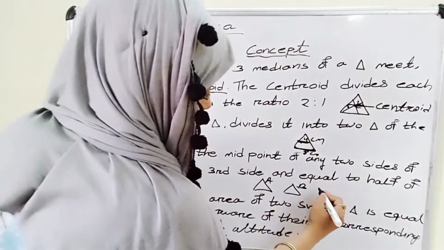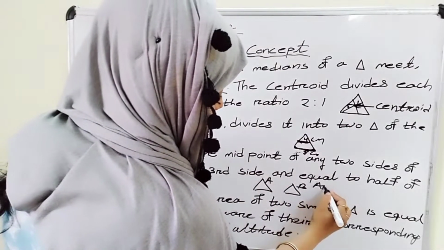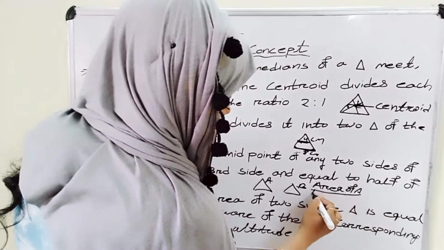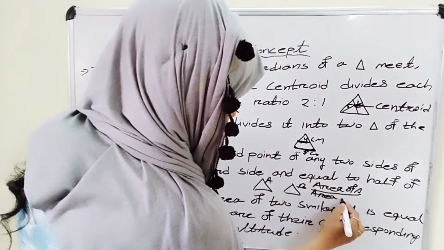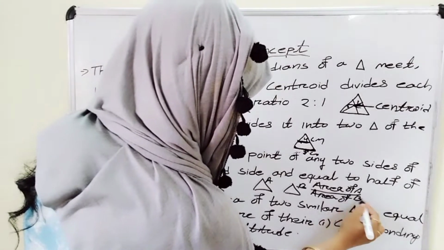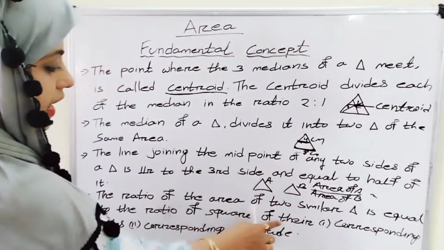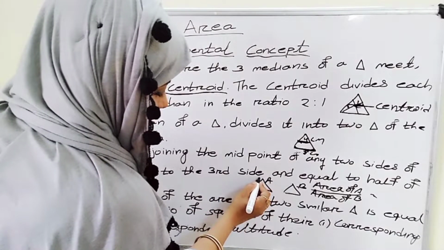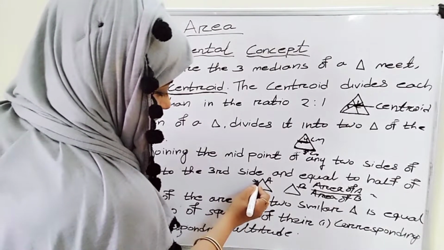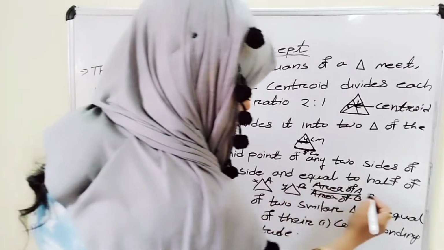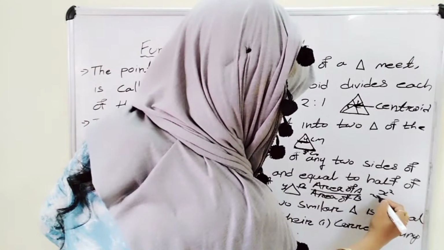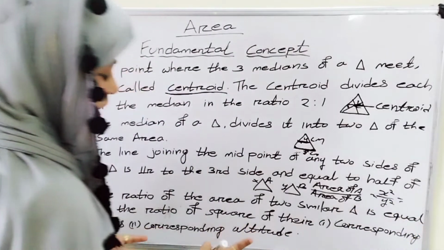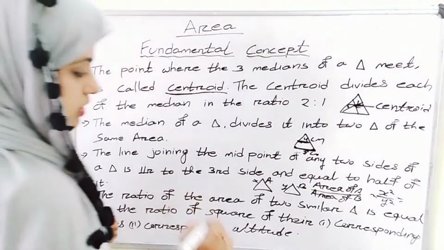If these two are similar, then area of A divided by area of B equals the square of their corresponding sides. Suppose this side is x and this is y. The square of these sides, x square by y square, and also the square of their corresponding altitudes.